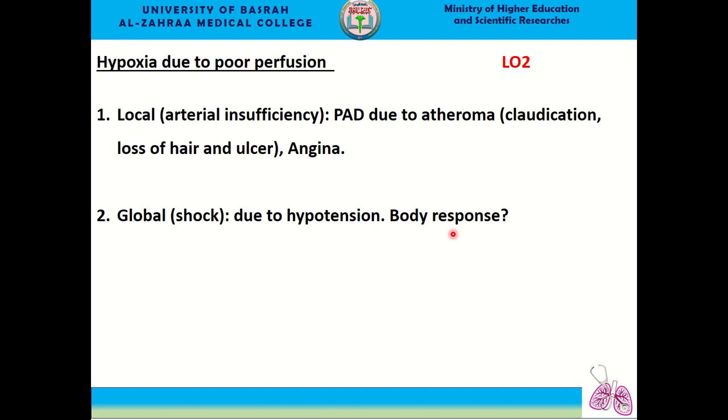The brain will give instructions to keep the blood supply to the important organs, that is the heart and the brain. And the blood will be diverted from the peripheral tissues to the brain and to the heart. Therefore, the patient will have cold extremities. And if hypotension persists for a long period of time, this will be very harmful and might result in the death of tissue.